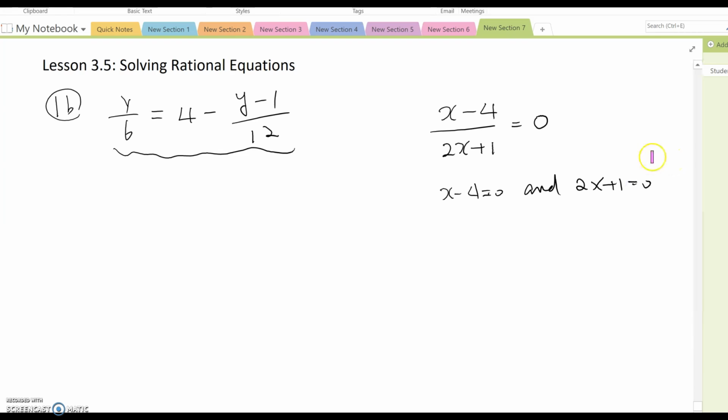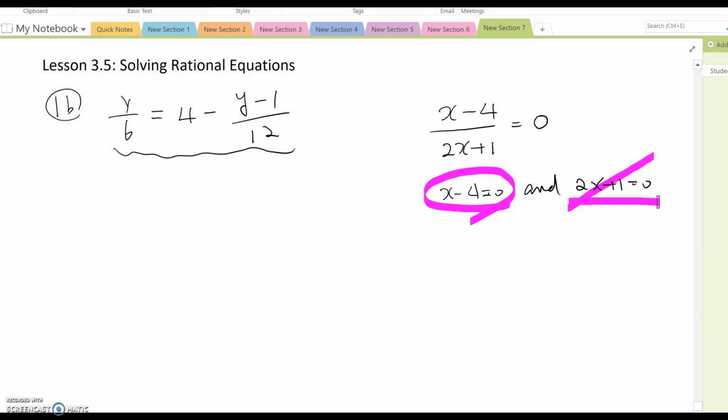Unfortunately, you cannot, because if 2x plus 1 equals 0, then this fraction becomes undefined. So whenever we have a fraction, we only care about the numerator equation, not the denominators.